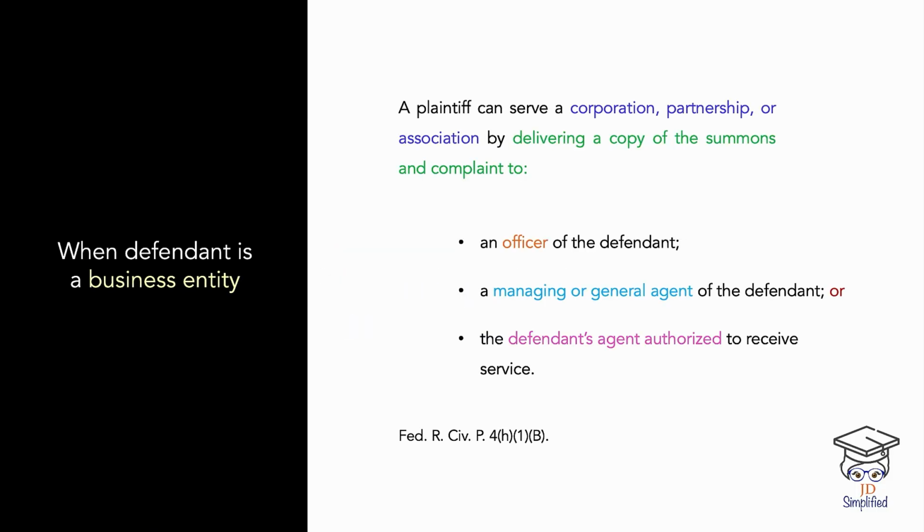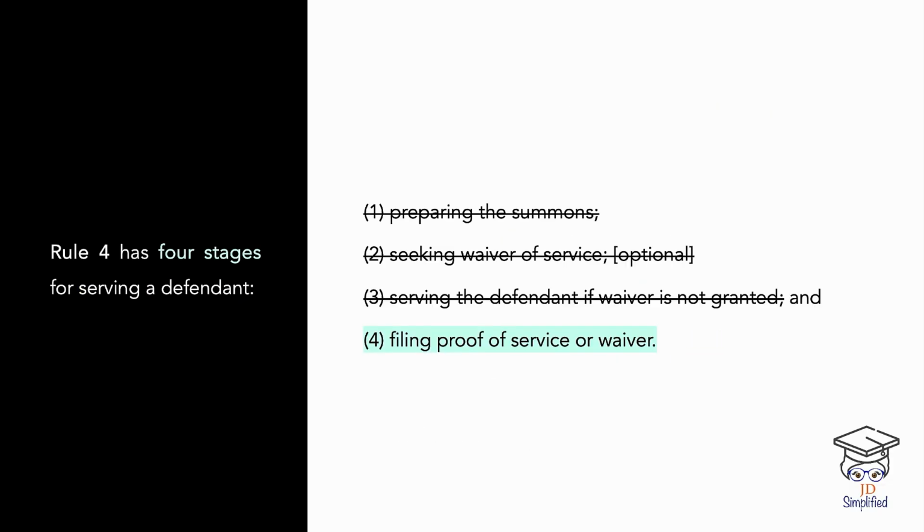Now let's talk about when defendant is a business entity. A plaintiff can serve a corporation, partnership, or association by delivering a copy of the summons and complaint to an officer of the defendant, a managing or general agent of the defendant, or the defendant's agent authorized to receive service. And that's it for serving the defendant if waiver is not granted.